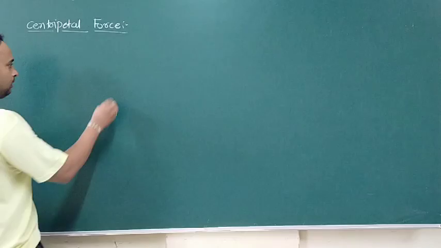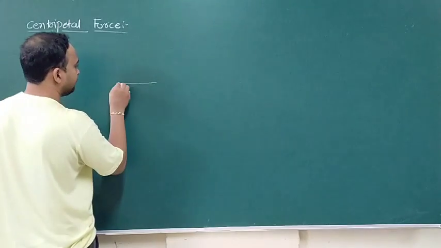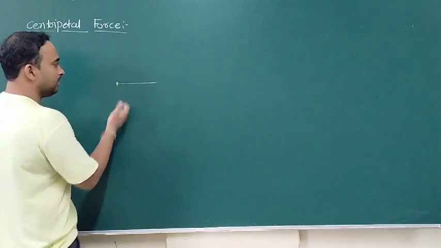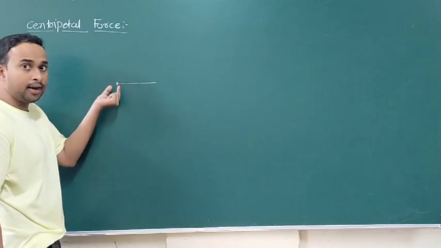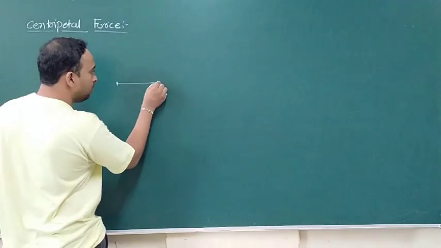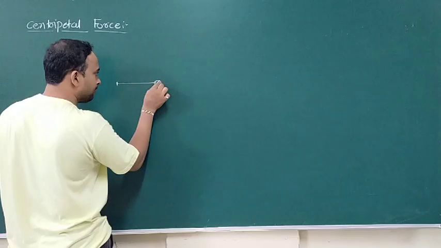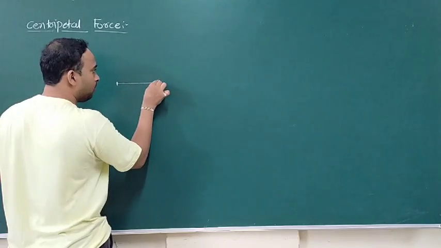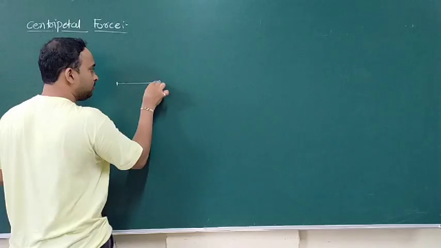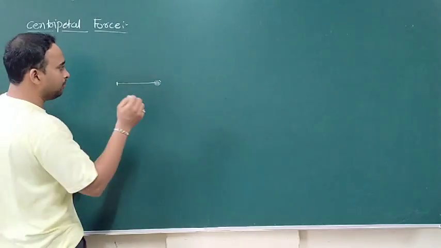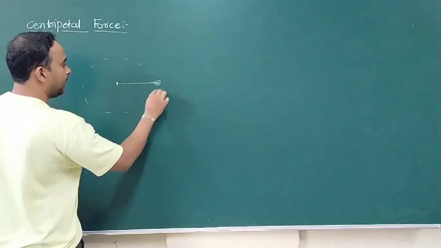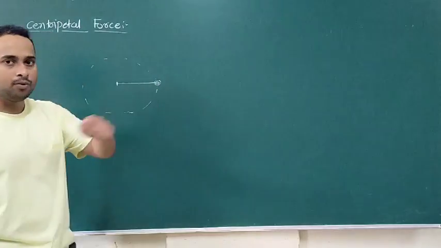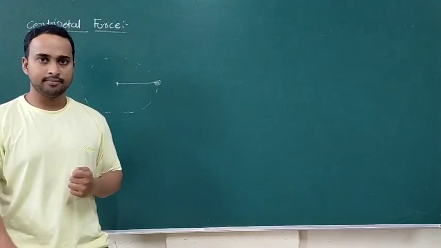Now see here, we are taking a string. One end is fixed in hand, and at another end of the string one object is attached. If we revolve this object, that means that object is moving in a circular path.